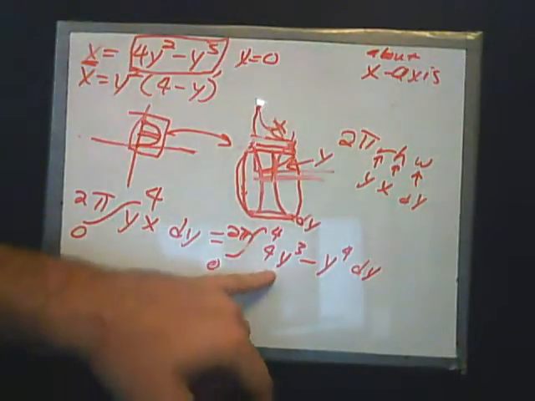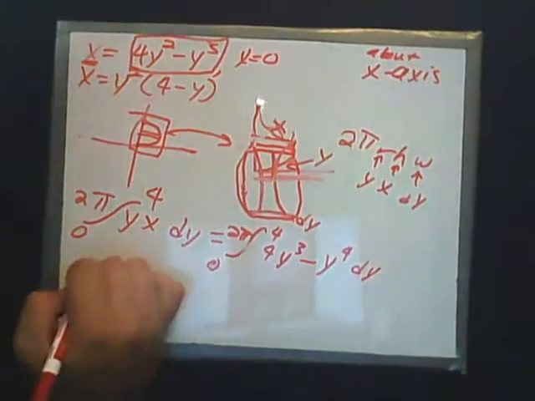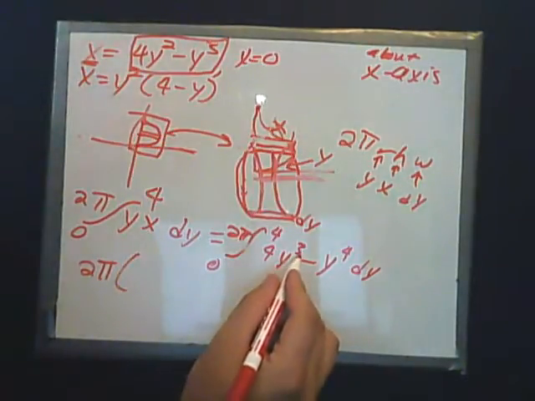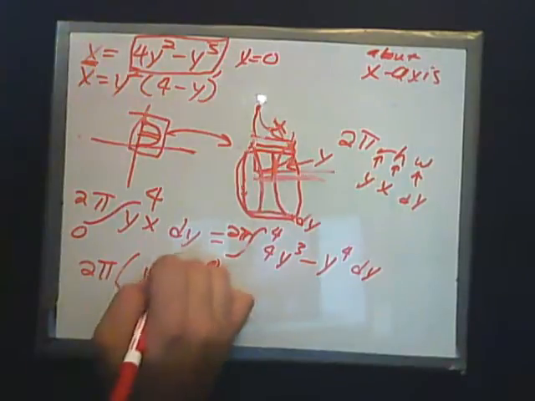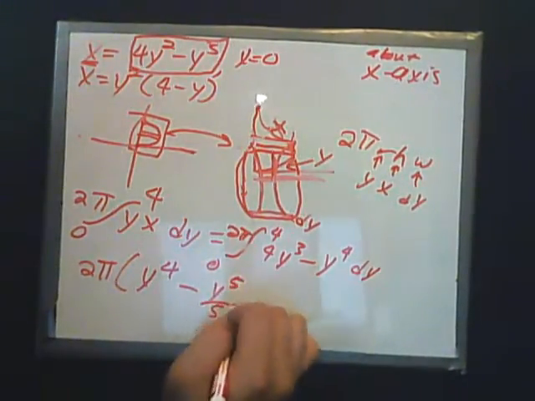So once again, when it comes down to the integration for these things, it's not that difficult usually, because it's power rule that we've already learned and practiced a whole bunch. So this becomes 2 pi times increase the power by 1 to 4 and divide by 4, so making those 4's cancel. So we just have y to the 4th minus y to the 5th over 5.